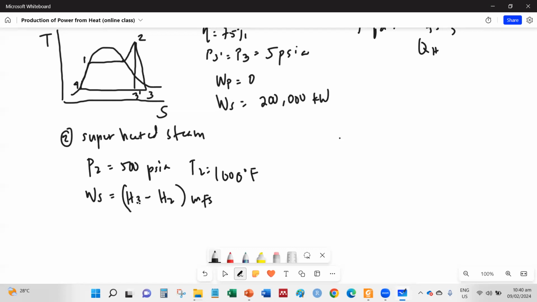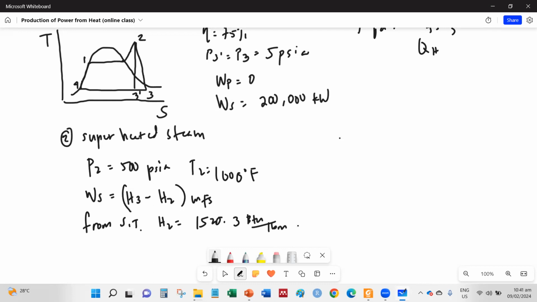Okay. So we know that H at point 2, from the steam table, diba? H2, read using the pressure P2 and T2, is 1520.3 BTU per pound mass.